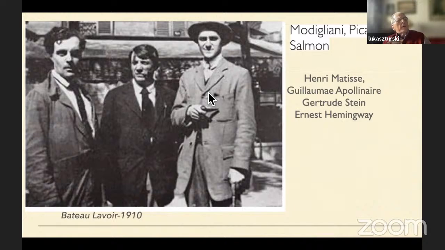Guillaume Apollinaire, we will be talking a lot about him, a poet, one of the poets who was and is considered to be extremely influential in the transition of poetry and literary criticism from the 19th century way of creating poetry to what is more common in the 20th century.